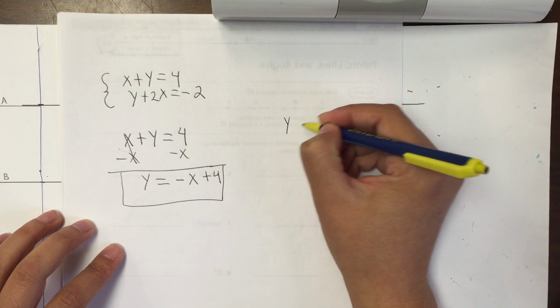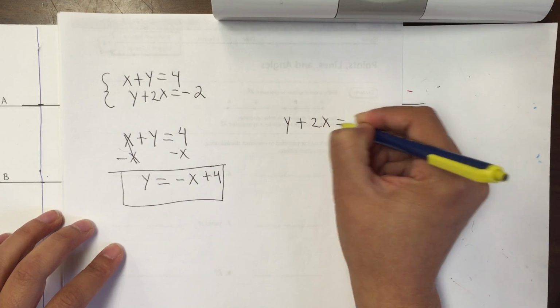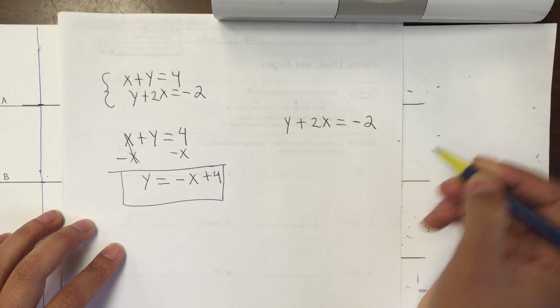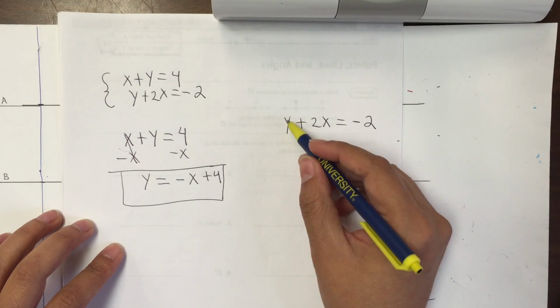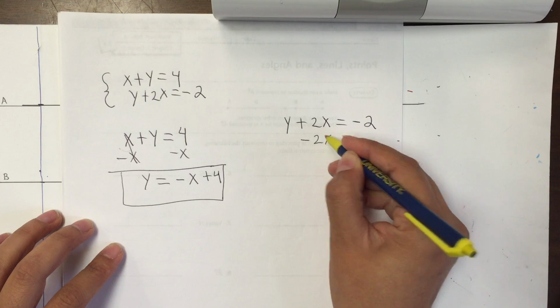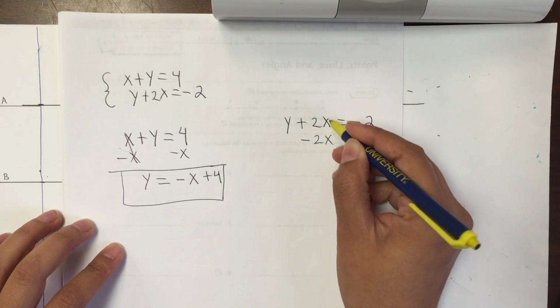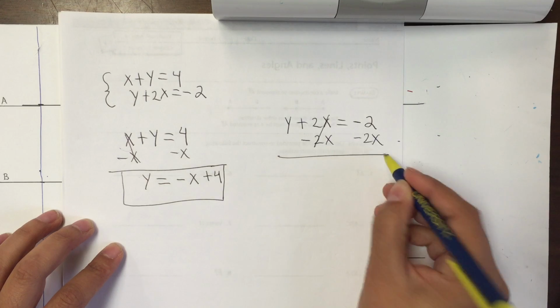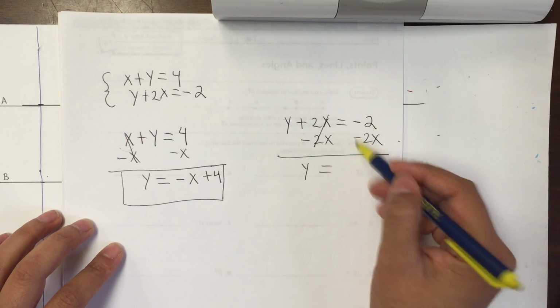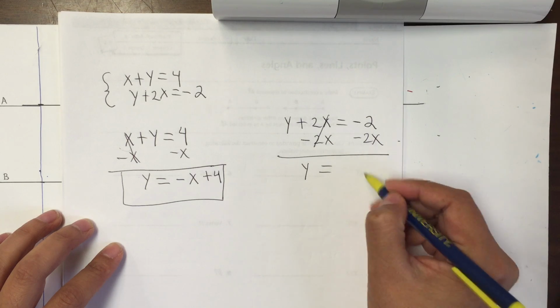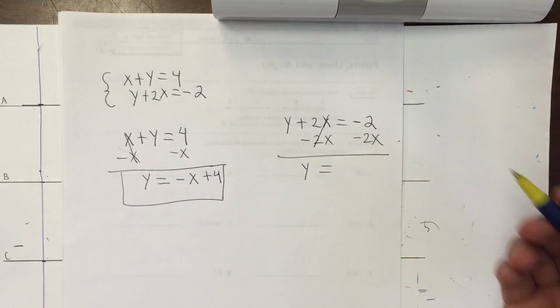Now for the second one, we need to get rid of whatever is being added to the y, so we subtract 2x from both sides. That cancels, and so y is equal to, again, we cannot combine them. Don't say negative 4x, because they cannot be combined.